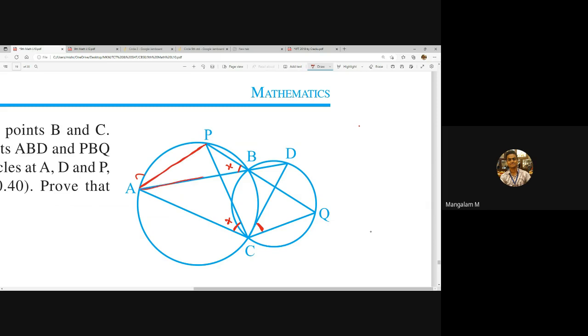From the AP line segment this angle is formed here, and also from the AP line segment this angle forms. So if this is x, then this will also be x. Why? Vertically opposite angles. You have studied that if two lines cross, then if this angle is x, it will also be x, right? So this is x degrees.